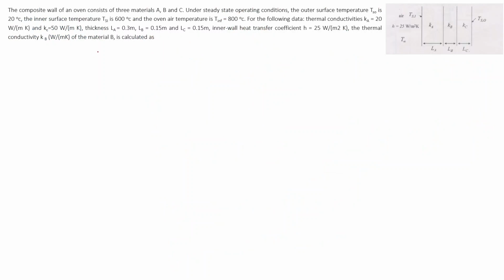Okay, so again we'll start from scratch. The composite wall of an oven consists of three materials A, B, and C. This is A, B, and C. The outer surface temperature is given as 20 degrees Celsius, and the inner surface temperature TSI we are given as 600 degrees Celsius, and T infinity we have been given as 800 degrees Celsius.